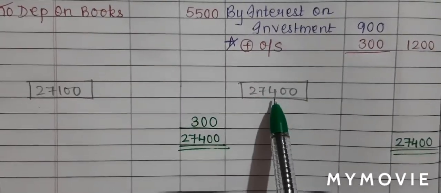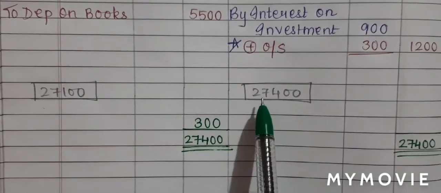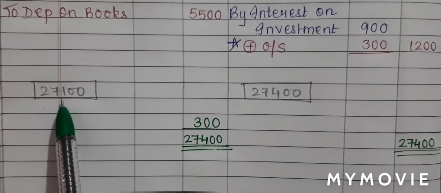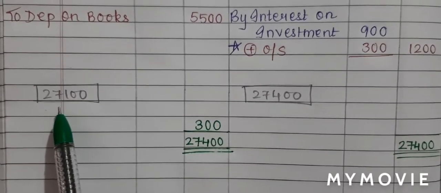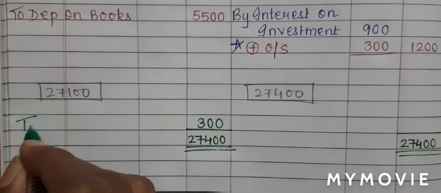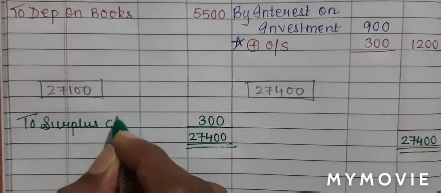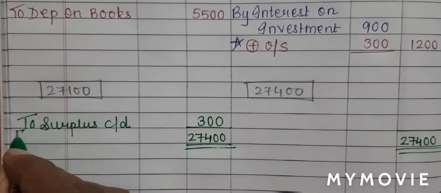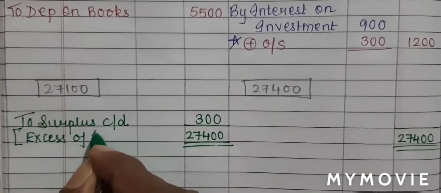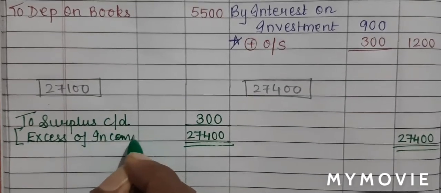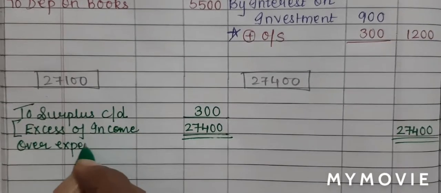Now my income is more than my expense. When my income is more than my expense, which means the concern has made a surplus. So I will write down to surplus carried down. In the bracket, I will write excess of income over expenditure.